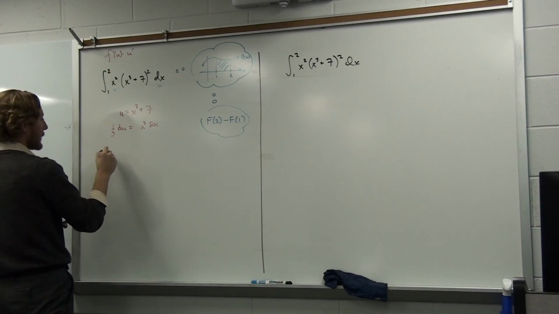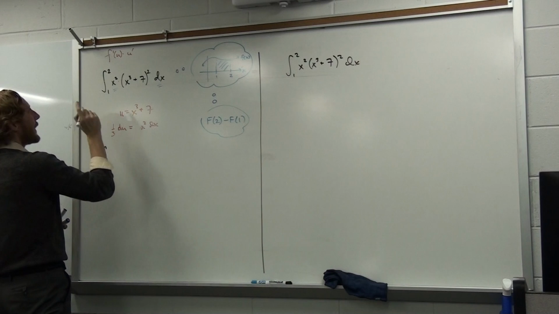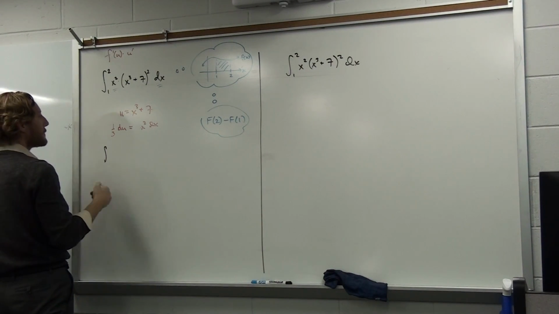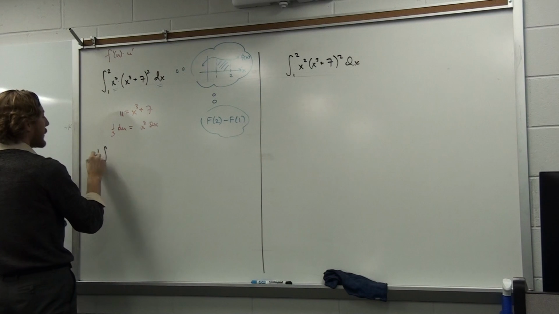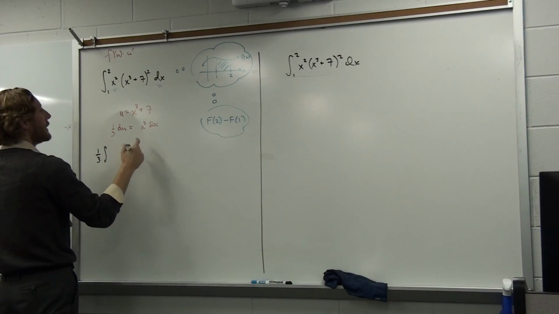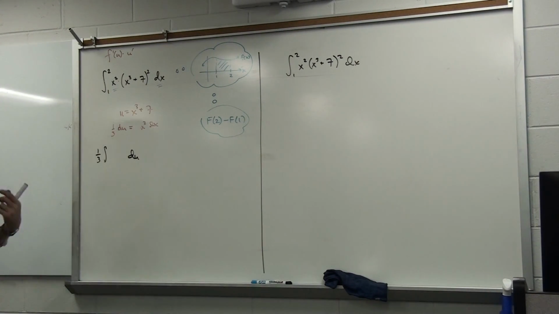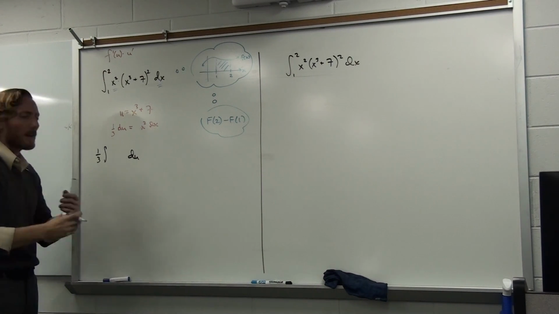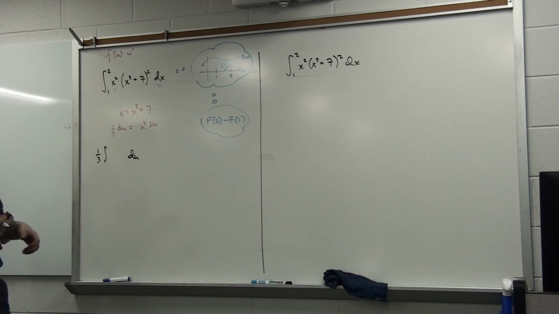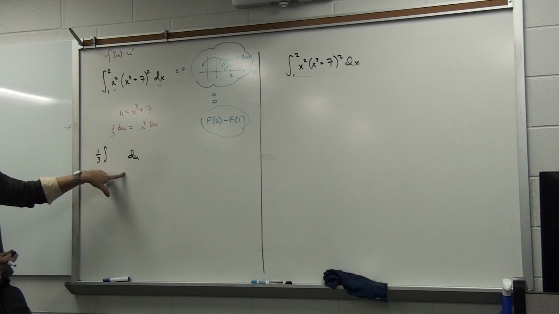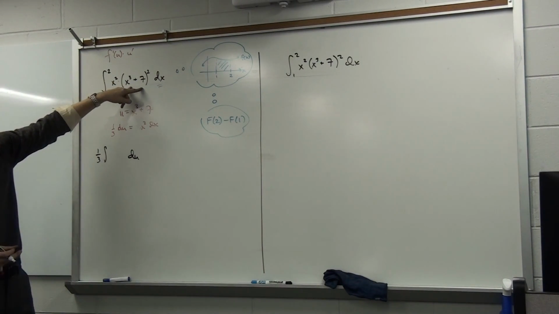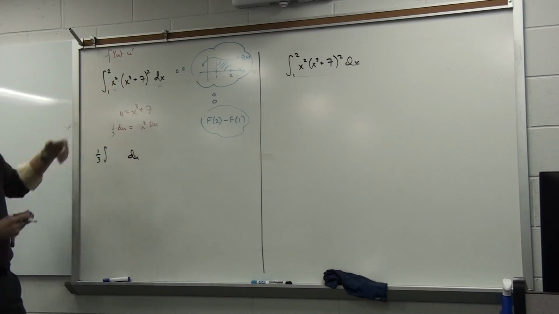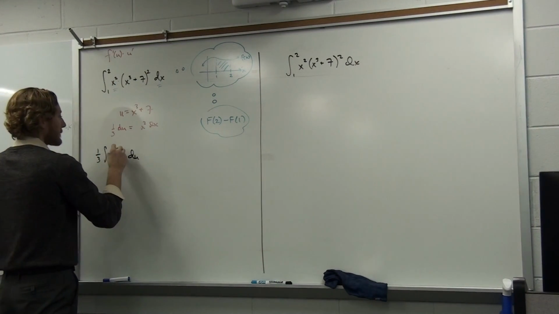So the long story short is, to find the antiderivative function, we are simply integrating. We have 1/3 du from our x squared dx. I'll factor out the 1/3 because any constant multiple can be factored out of an integral. And with the 1/3 du swapped in for the x squared dx, all we have left is to deal with the x cubed plus 7 squared, but that would be just u squared.